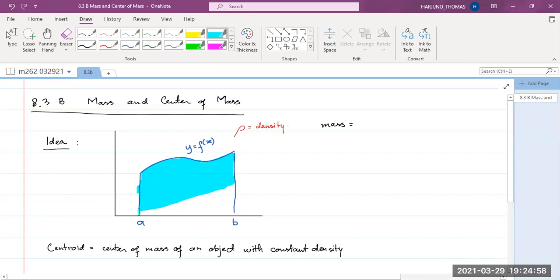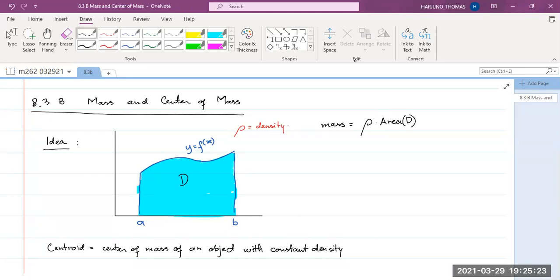Because it's uniform, the density is constant everywhere on this region, then the mass is equal to the density times the area. If I call this the region D, then that's density times the area of D. That will be rho times the integral from a to b of f(x) dx. I think that one is easy to see.